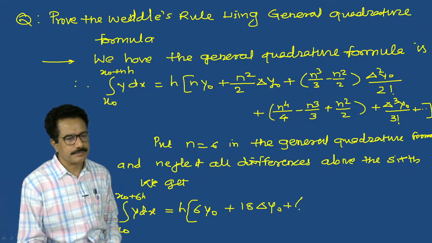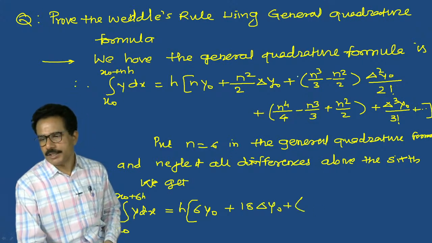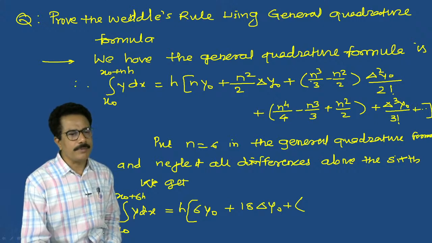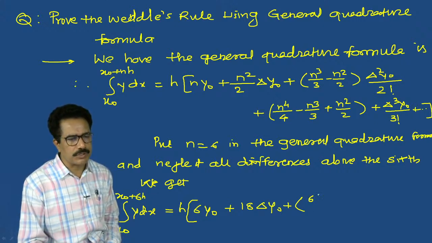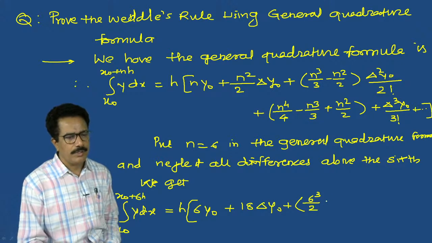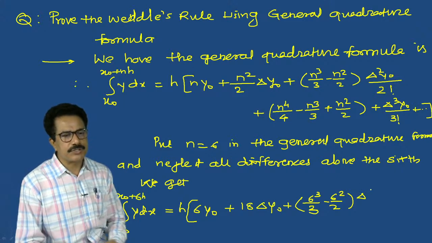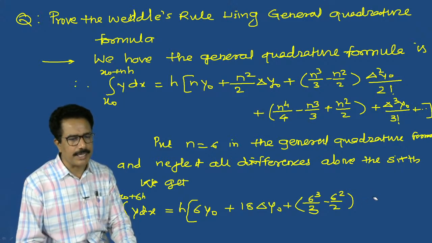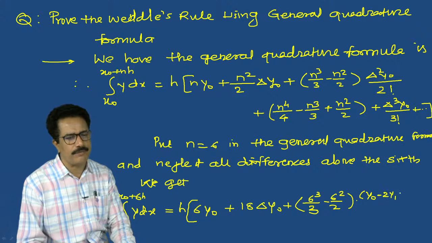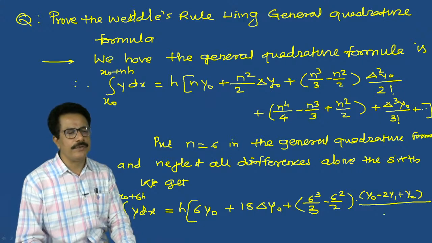Plus, here what is the value of 6 cube? Tell me. 6 cube upon 2 minus 6 square upon 2 into delta square y0. We can write this as 2 delta square y0, meaning y0 minus 2 times y1 plus y2 divided by 2 factorial, again 2.